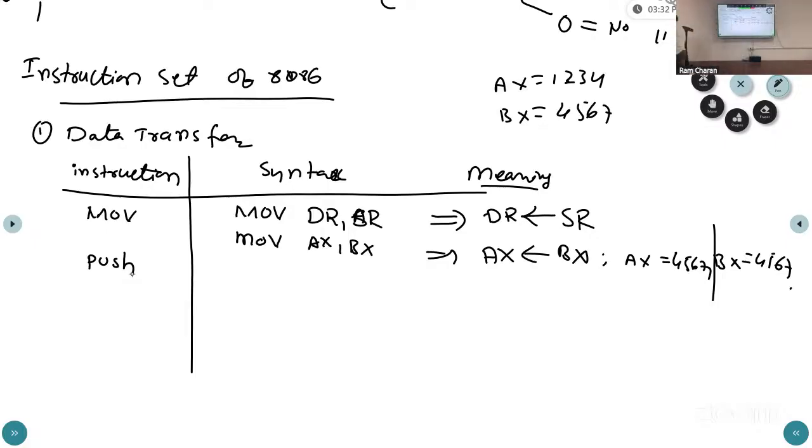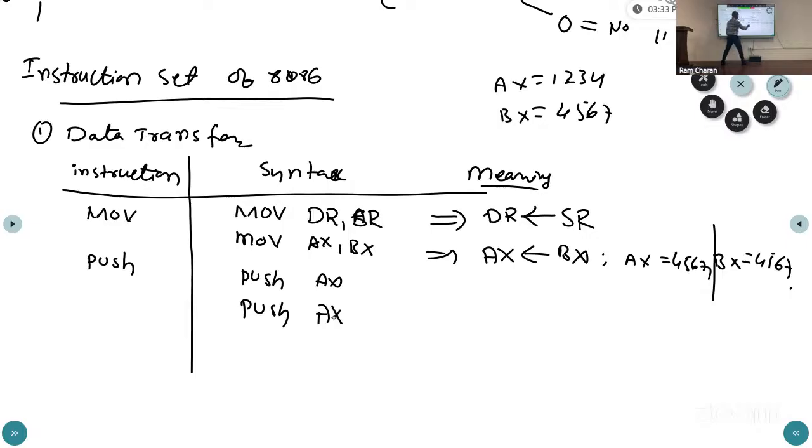That means the content of AX is pushed to the stack memory. What is the reverse operation? POP. Write down. In pop, the data is deleted from the stack and goes to the register.